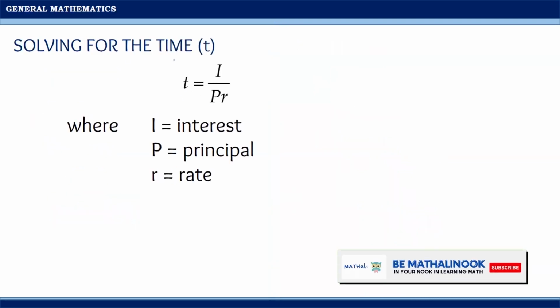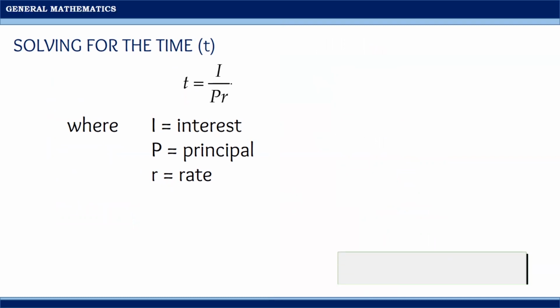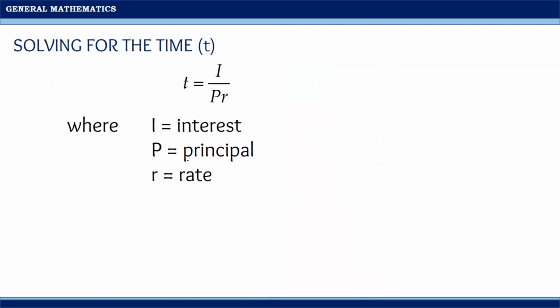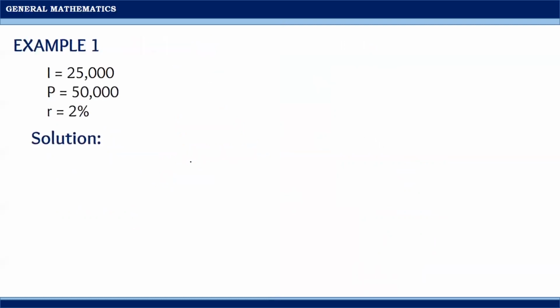In solving for the time, we will have the formula T equals I divided by the product of P and R, wherein I is the interest, P is the principal, and R is the rate. For example, say the interest is equal to 25,000, the principal is equal to 50,000, and the rate is equal to 2%.